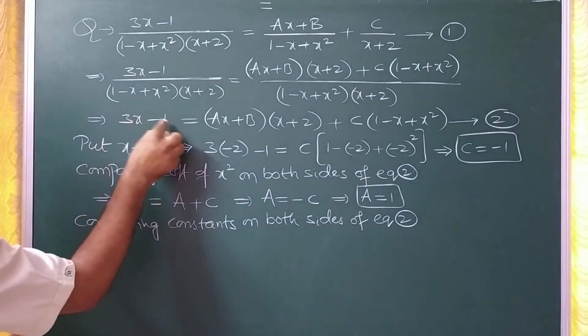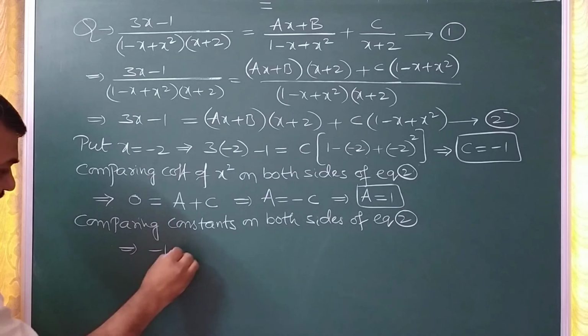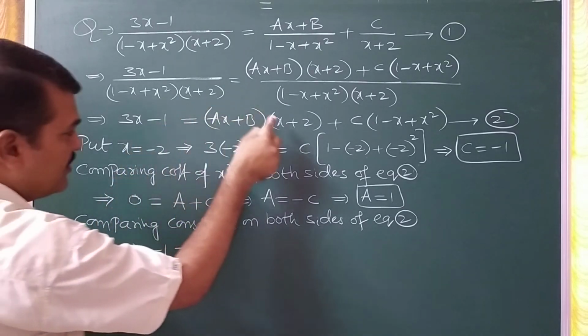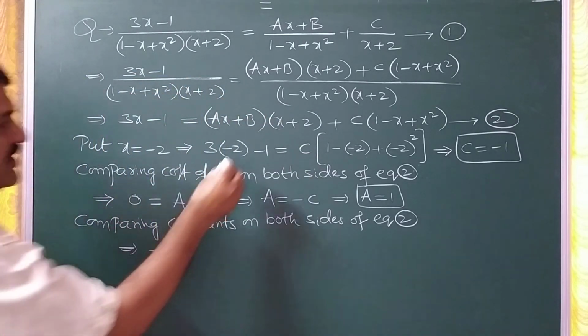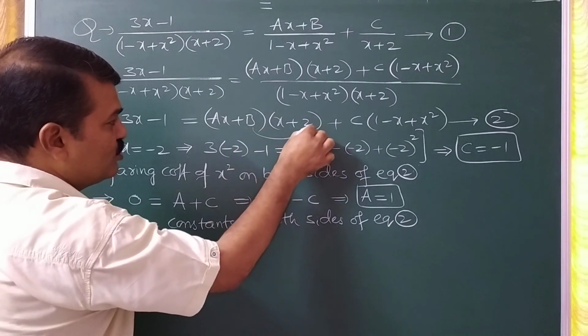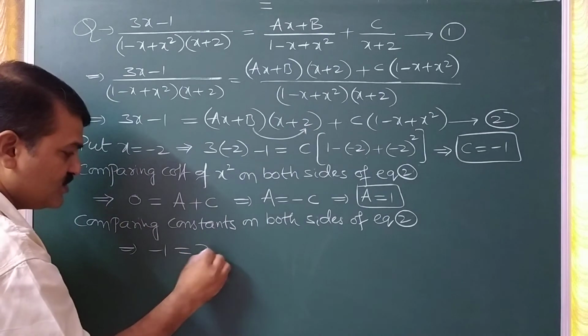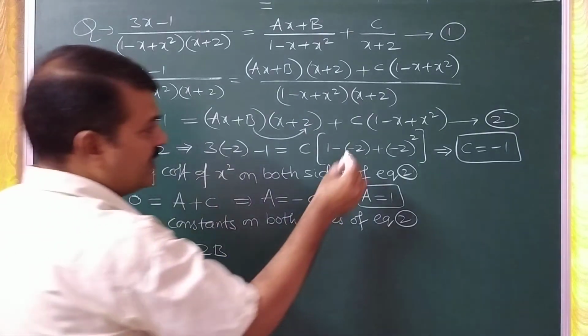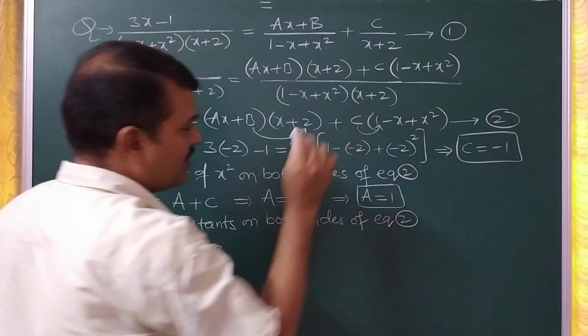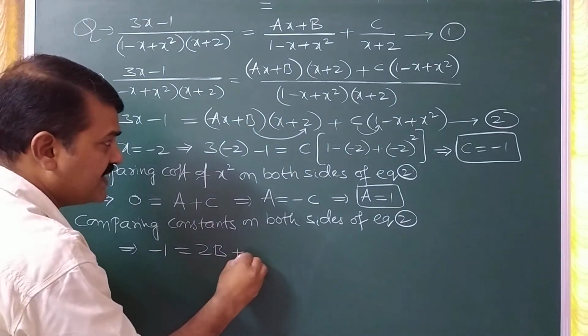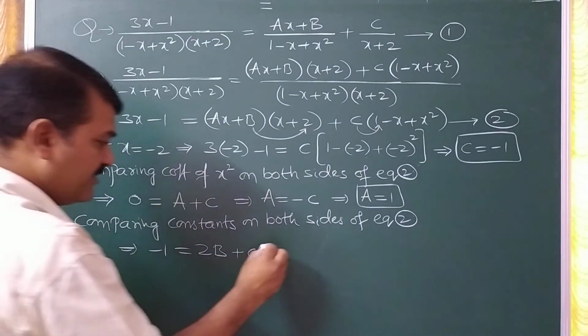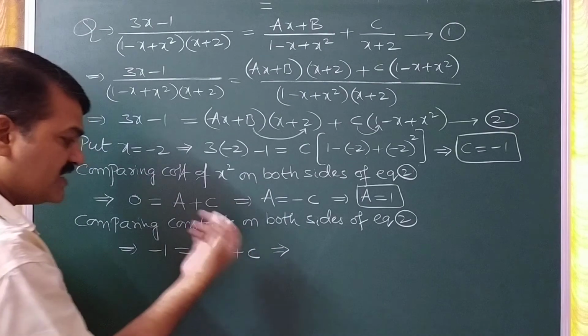What is the constant in the LHS? Minus 1. What is the constant on the RHS? B into 2 in the multiplication, this is a constant only, no? So 2B. Here C into 1 is there, that is a constant only, so plus C.